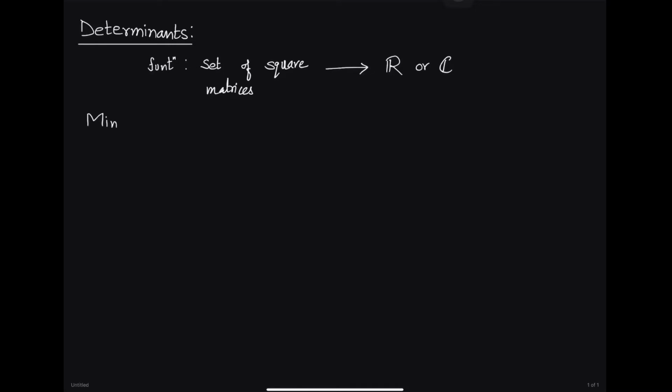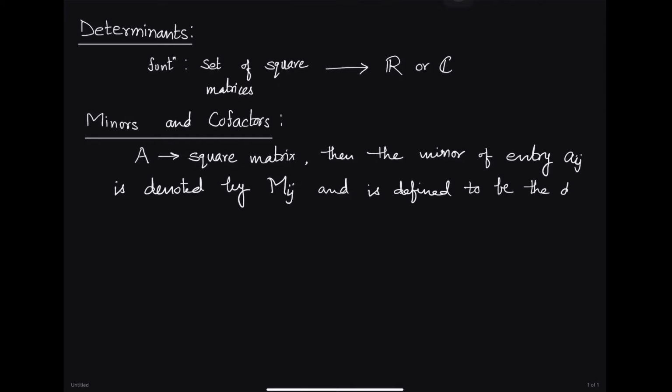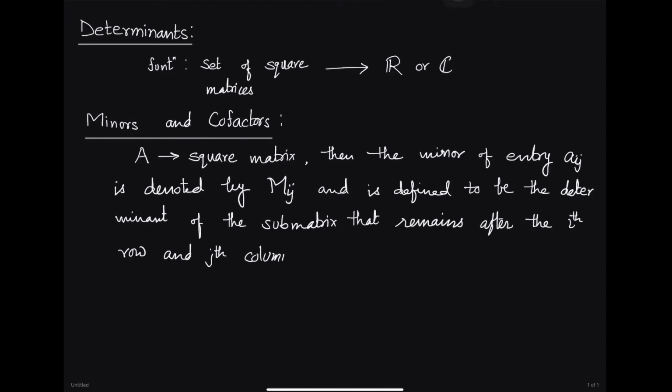Before going into the definition of the determinant, first we need to introduce two concepts, minors and cofactors. Suppose you have a square matrix A. The minor of the entry Aij is denoted by Mij, and is defined to be the determinant of the submatrix that remains after the ith row and jth column are deleted from A. So this is called a minor.